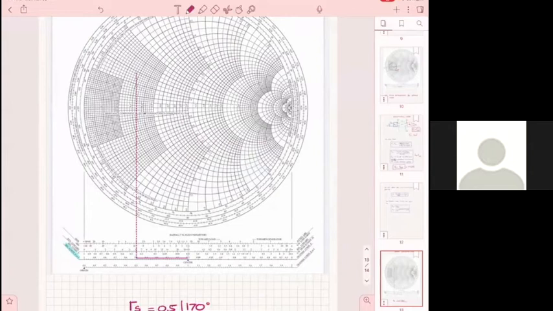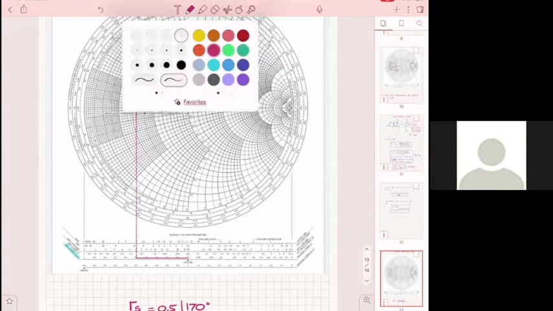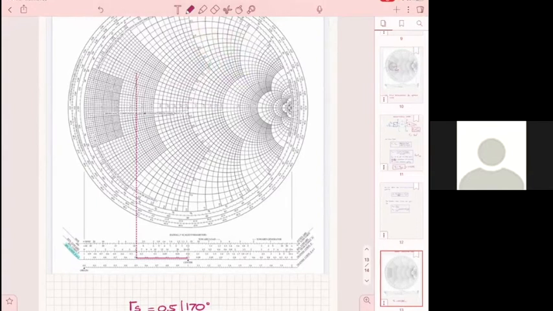And then I will draw the circle that goes through the center of the Smith chart, the constant VSWR circle that goes through like here.